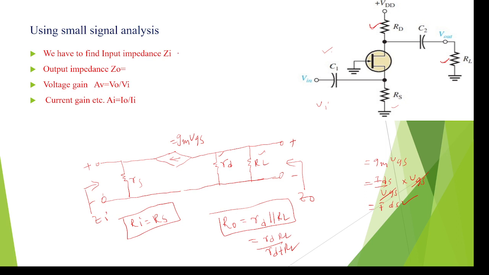Coming to the input impedance, Zi equals input voltage by input current, or input voltage equals input current into input resistance, divided by input current. The currents cancel, leaving Ri, but we know that Ri equals RS. So for the given circuit, the input impedance we have calculated mathematically is RS.